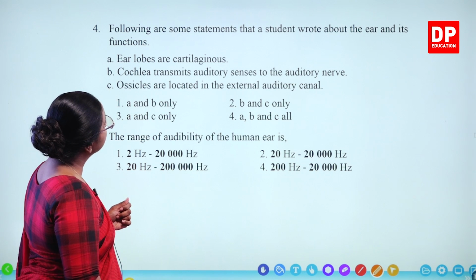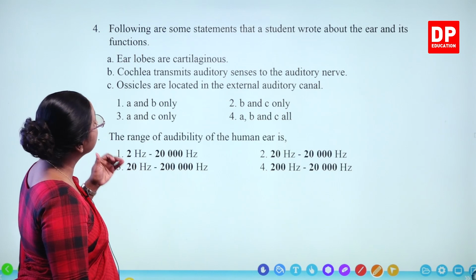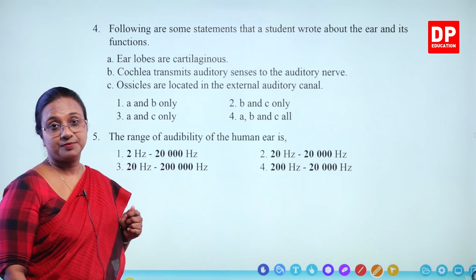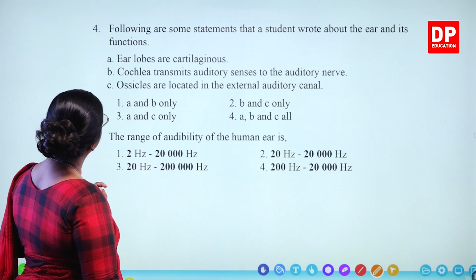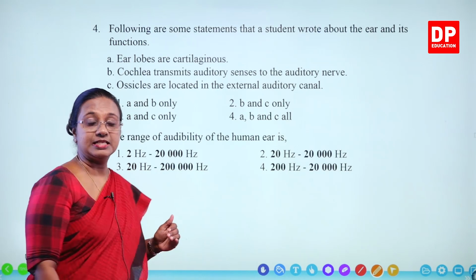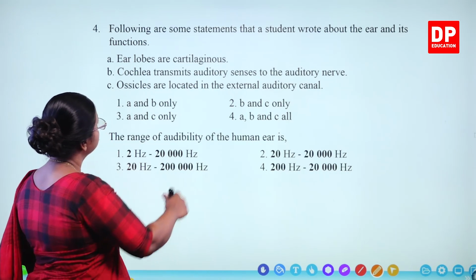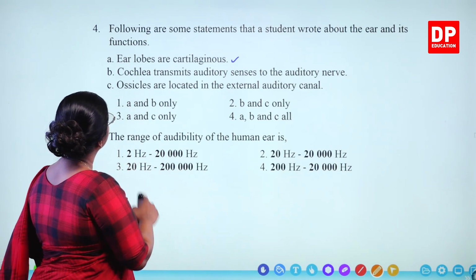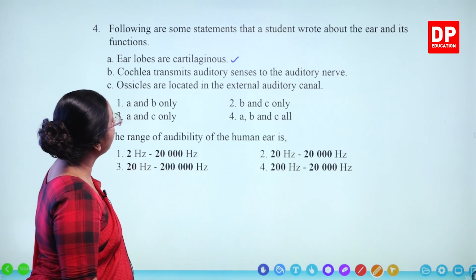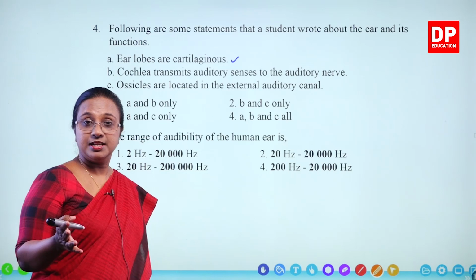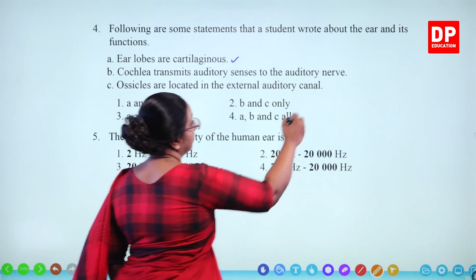Following are some statements that a student wrote about the ear and its function. So, the first statement, earlobes are cartilaginous. Yes, earlobes or pinna, that's why you are able to bend them. So, that is a correct statement. Cochlea transmits auditory senses to the auditory nerve. That is also correct.